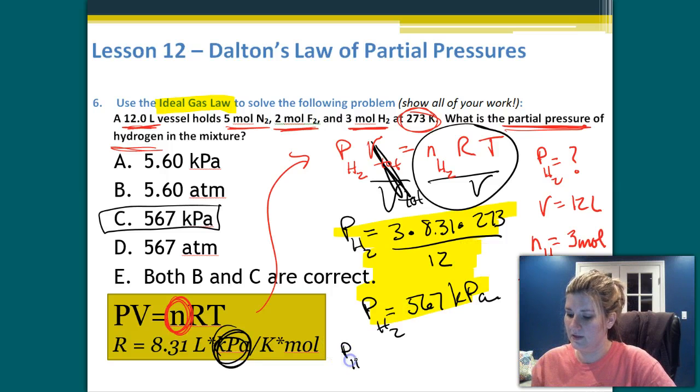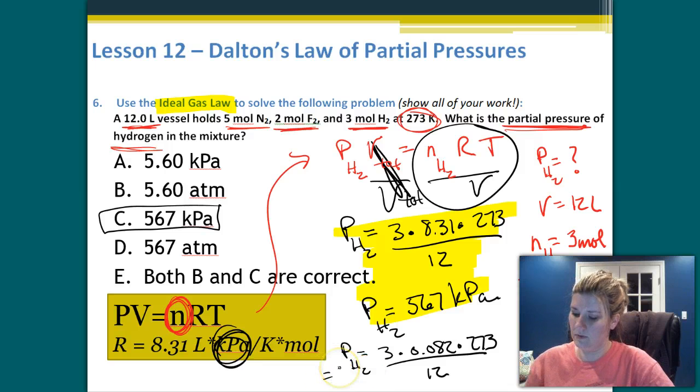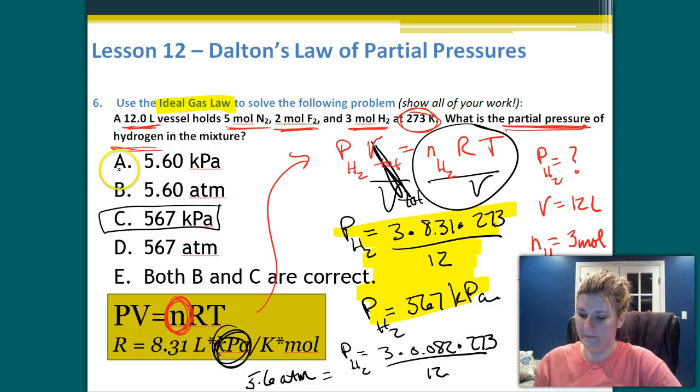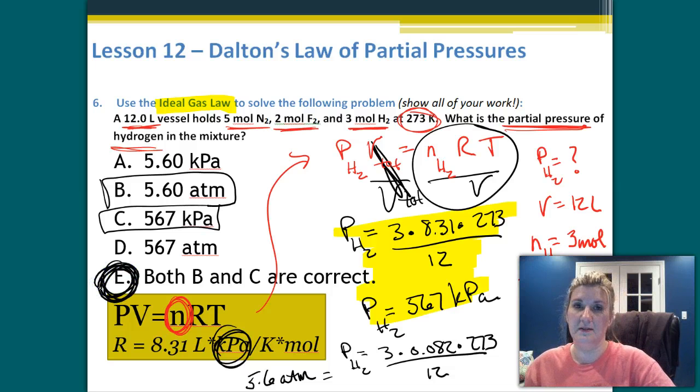So P of H2 is equal to 3 times 0.082, and all things the same, that's going to equal 5.6 atm. So it looks like E is the best answer here. Both B and C are correct.